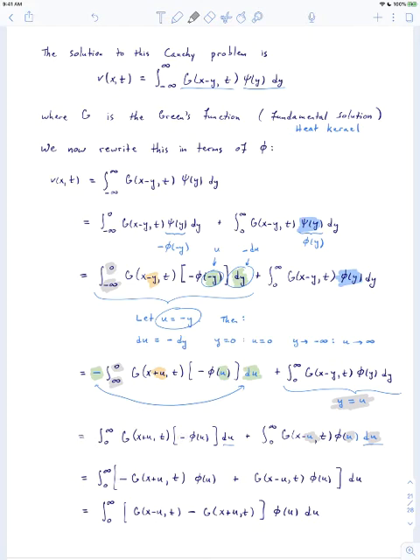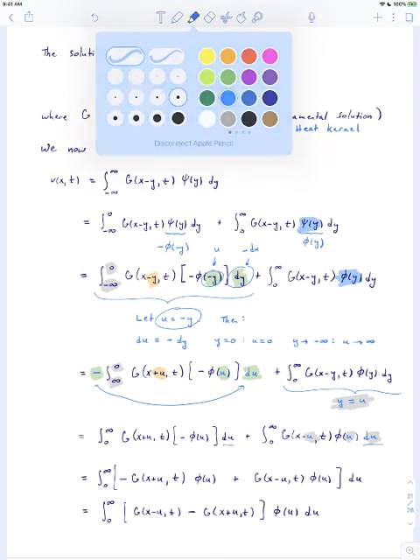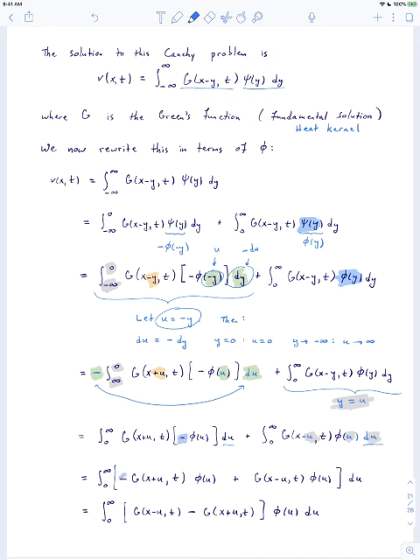Let me just change the color back to something else, like blue. So this minus sign is that minus sign right there. And then that phi of u is that phi of u, and we haven't really done anything to the g. And on the right, again, we haven't done anything. But we've combined these two. Now you can factor out the phi of u, and that's there.